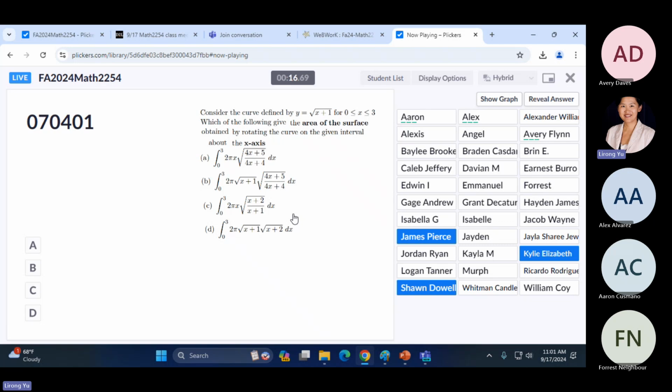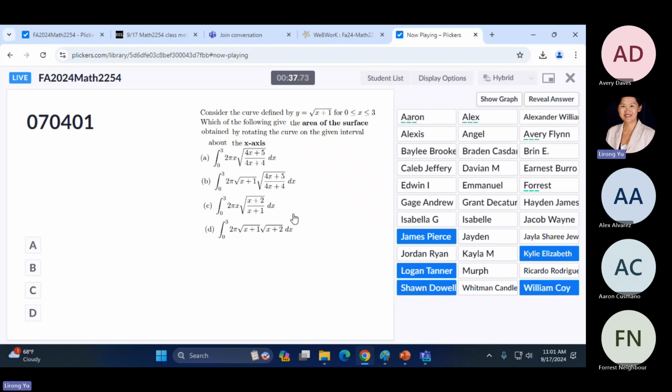It's 2 pi r ds, right? 2 pi r ds. Now the r is based on the revolution. This is revolving about the x-axis.